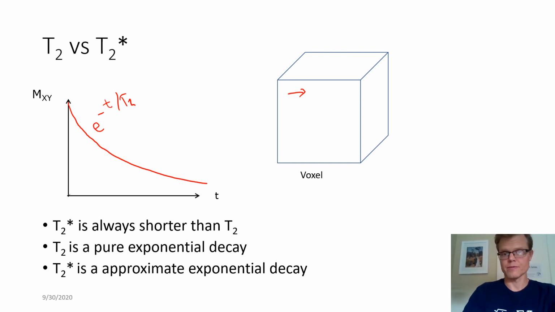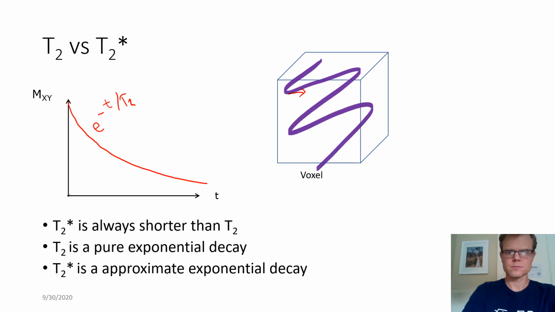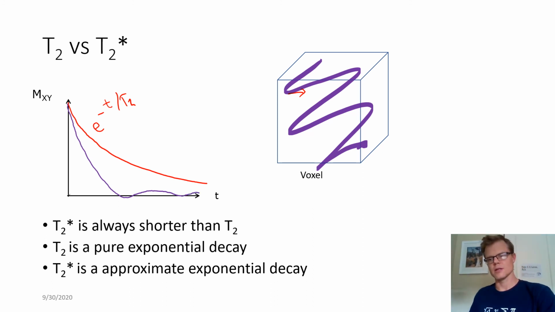But now, if we're looking at the signal across our entire voxel, then we're going to get some accelerated decay due to this dephasing. And I'm going to draw it specifically in this pattern here to have a little bit of oscillation.